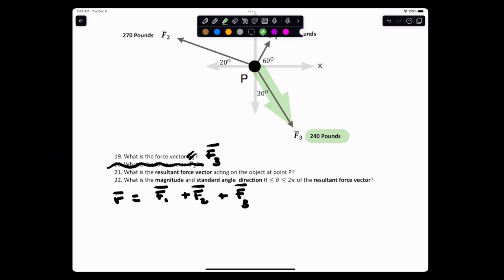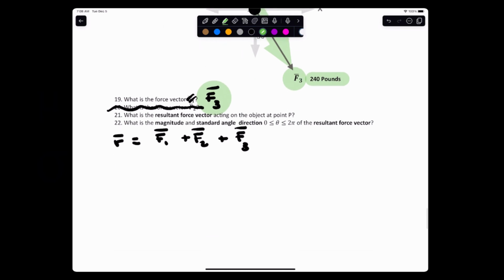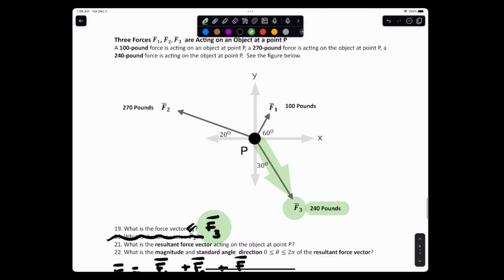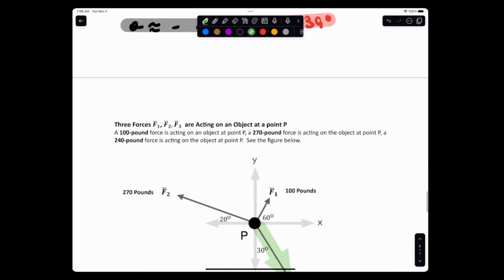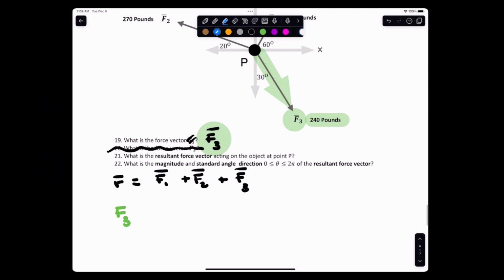Here's our magnitude. Okay, here's the vector. So we need that F3 vector. Of course, what you guys know is that the magnitude of that vector, actually, let me go back. Oh, we already have green for F2. Let's change the color. I apologize. Let's change it to orange.